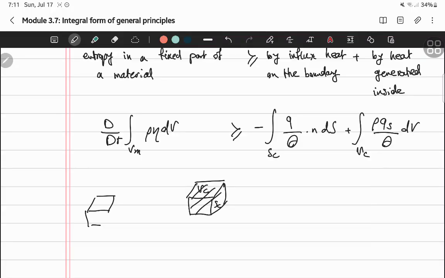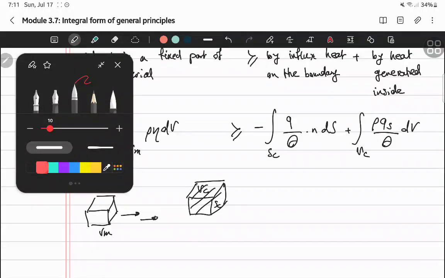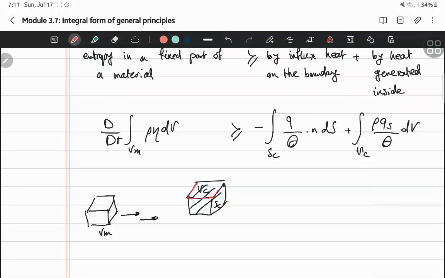So you select Vm, and this Vm is moving up until it coincides with this control surface or control volume that we basically defined. At that moment, this Vm becomes Vc. So that's why we write this in Vc, Sc and this one is in Vm. You have to be careful about this.